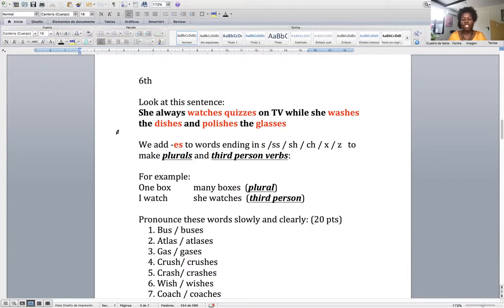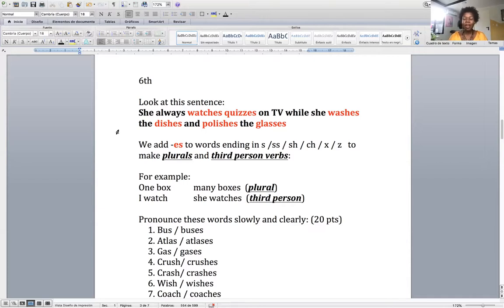She always watches quizzes on TV while she washes, also a verb, the dishes, another noun, and polishes, a verb, the glasses, a noun. She always watches quizzes on TV while she washes the dishes and polishes the glasses. It sounds a little bit like a tongue twister.